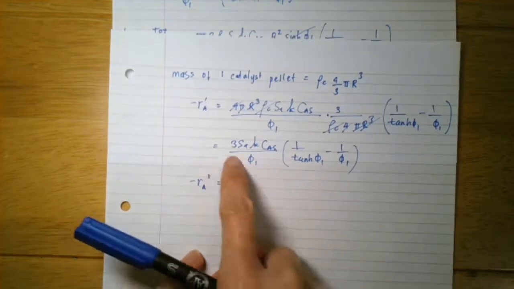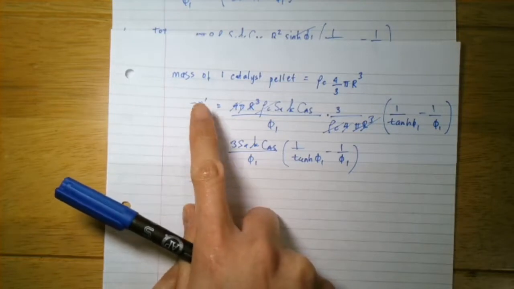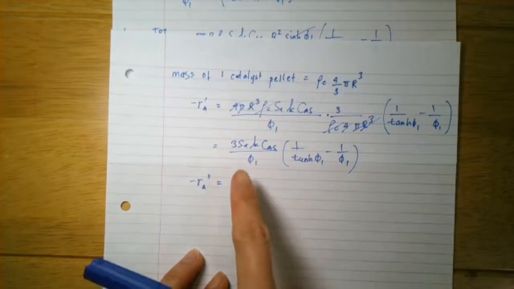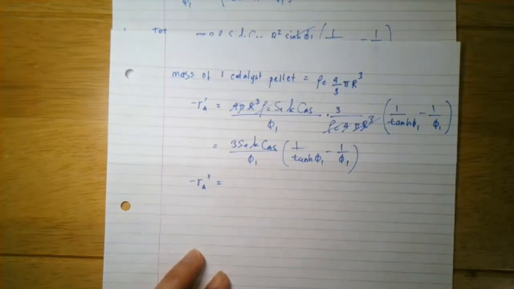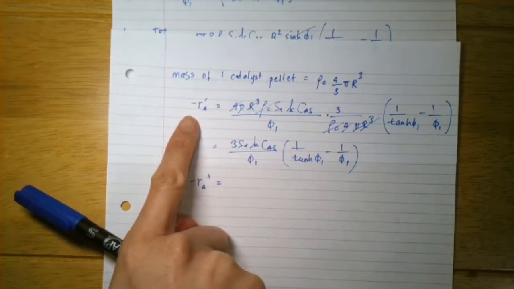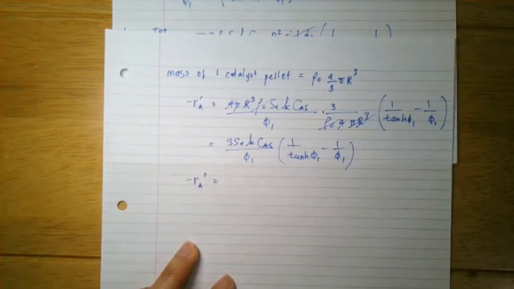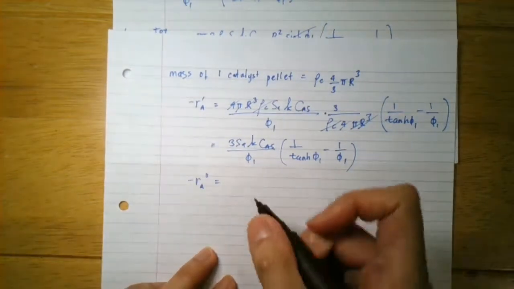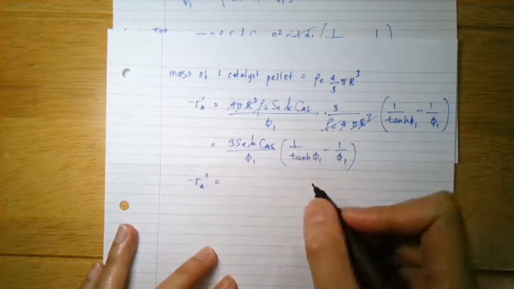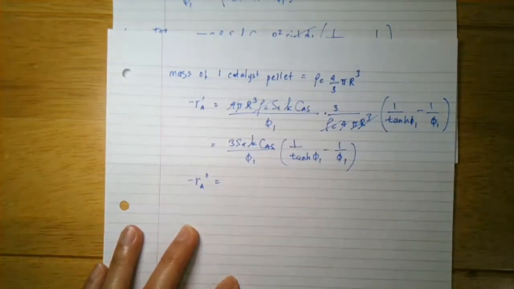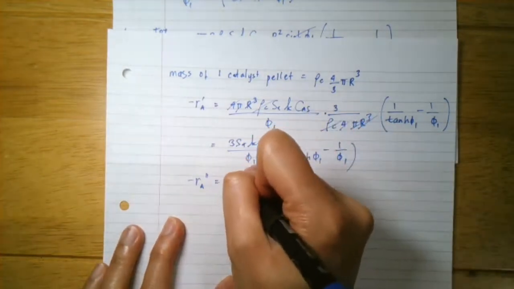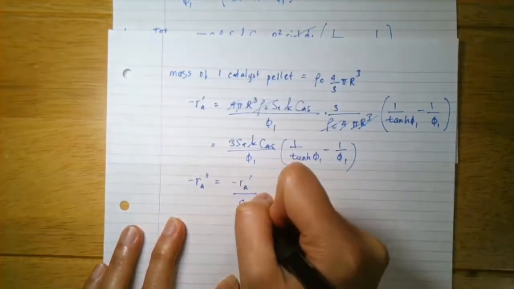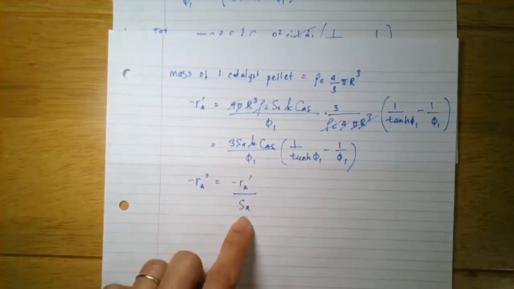So what do we do with this? The units of this are mole per second per kilogram, and we can use the SA. Do we divide this or multiply this by SA? We can divide this by SA to get a per meter squared basis. So this is equal to RA prime divided by specific surface area.